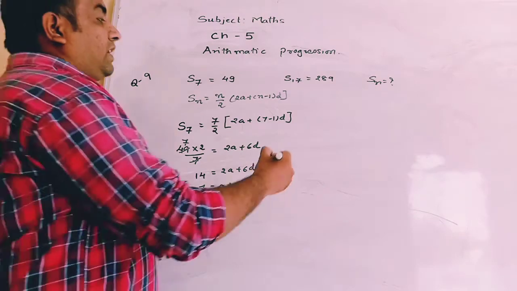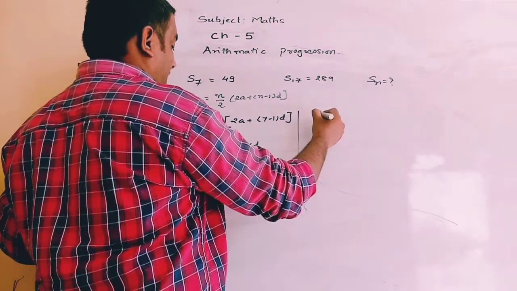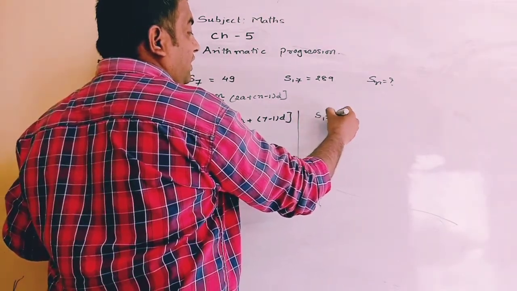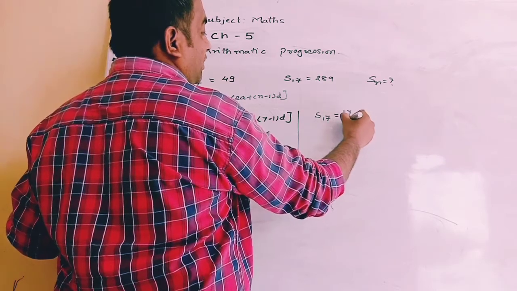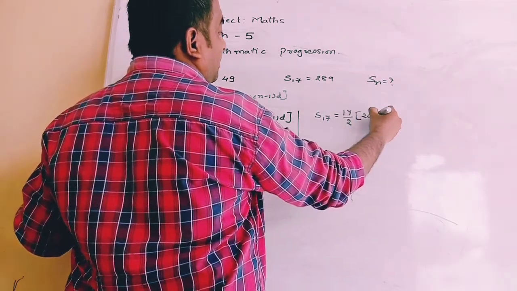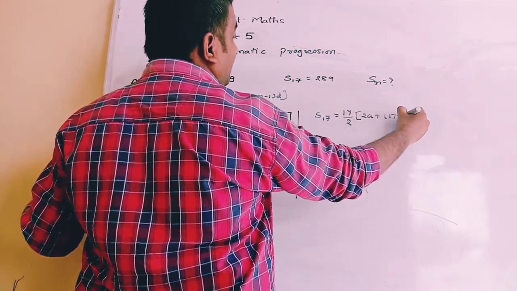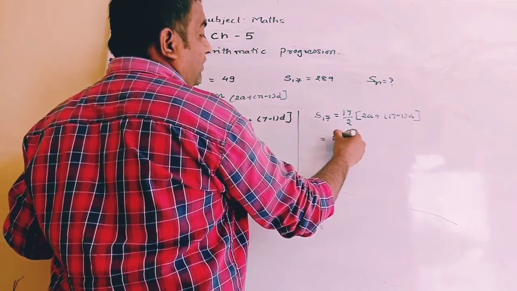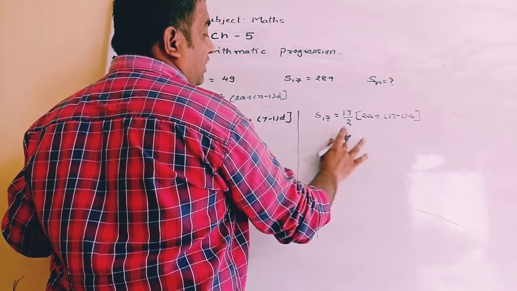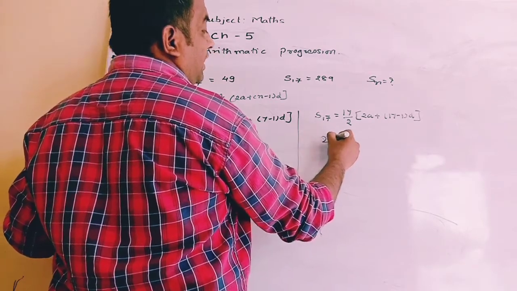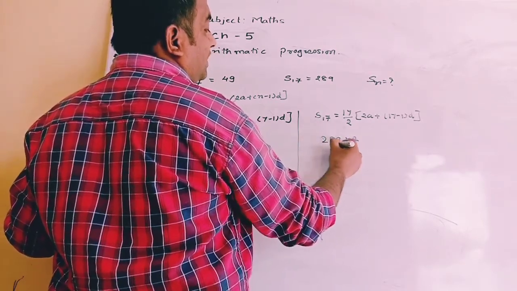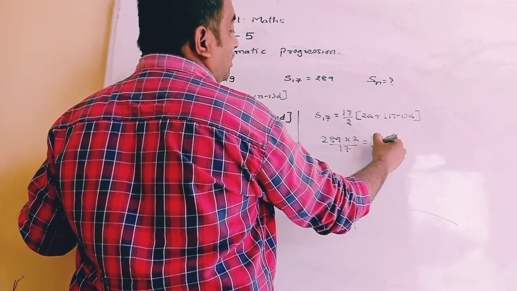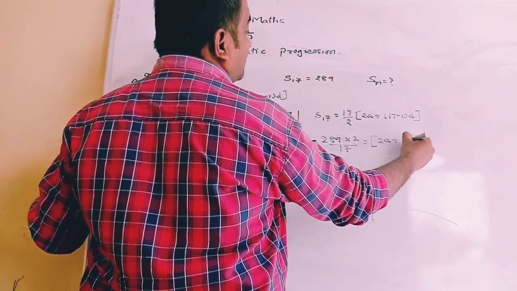Now in the same way, using S17 we can find the other equation. So S17 will be 17 by 2 into 2a plus (17 minus 1)d. And so we can write, 289 multiplied by 2 by 17 equals 2a plus 16d.